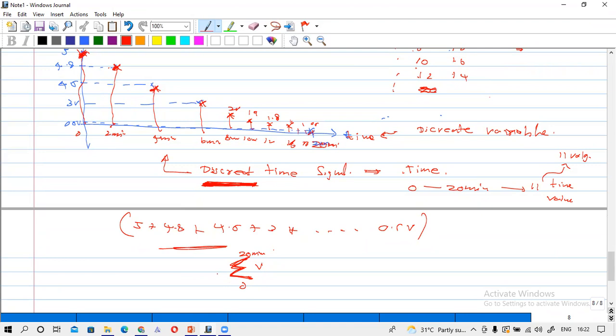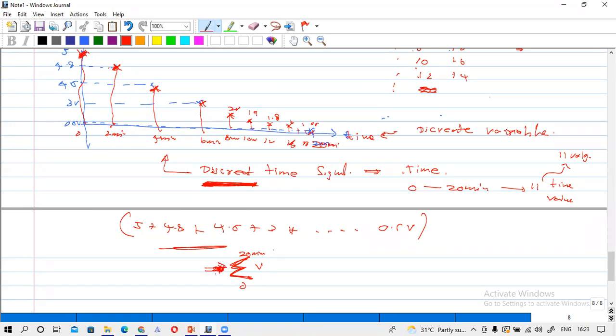I think you may be familiar with this notation. If not, please use the internet or try to understand. Actually, it is very simple. If you have any problem, you can just ask. So for this type of signal, we need not do any integration. We can simply add the values.